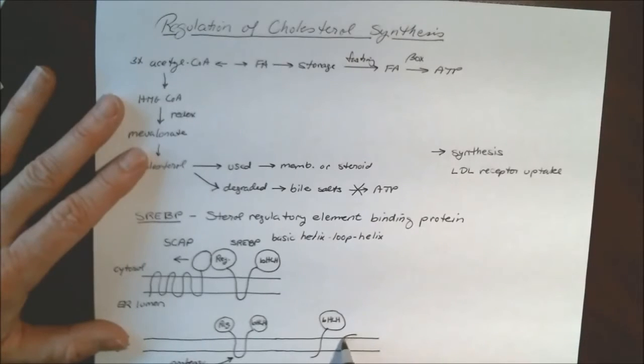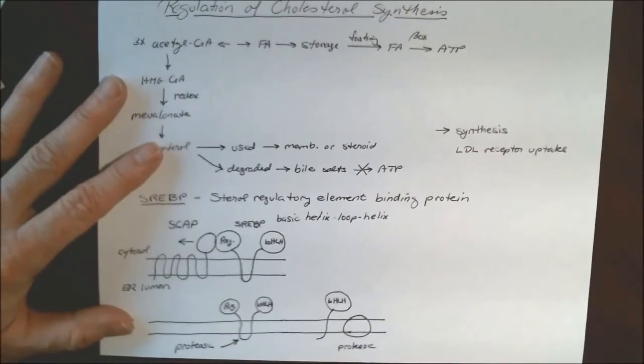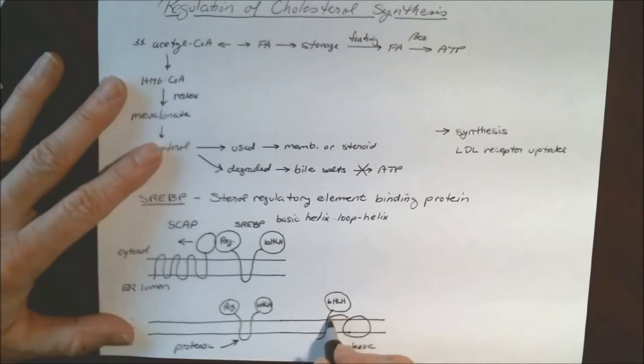This other protease is located in the membrane of the Golgi, and this protease will form a hydrolytic cleavage to release this domain of the SREBP protein, which is the basic helix loop helix structure.